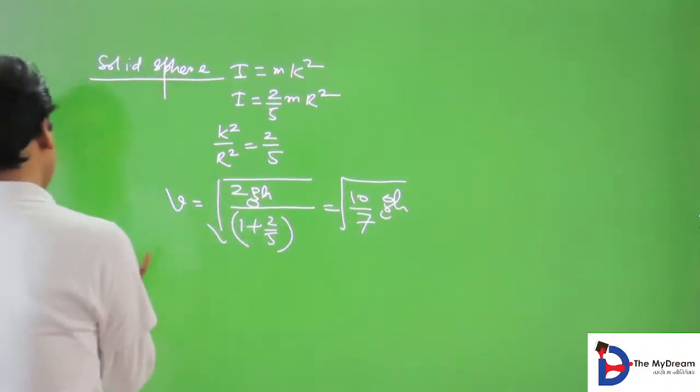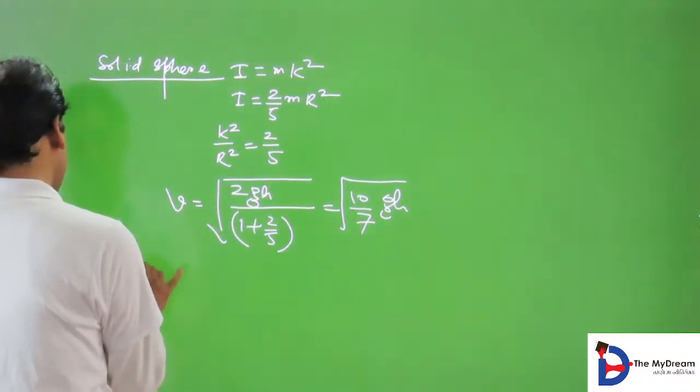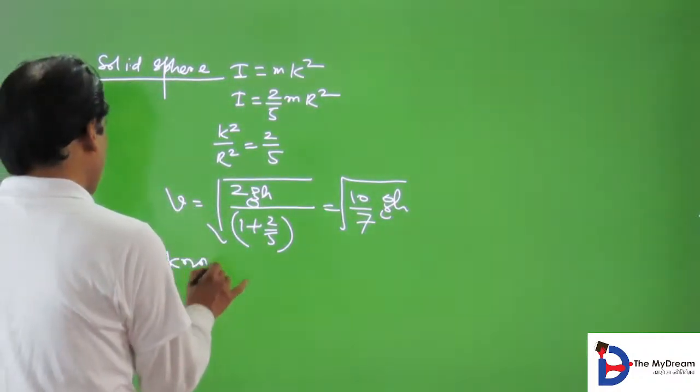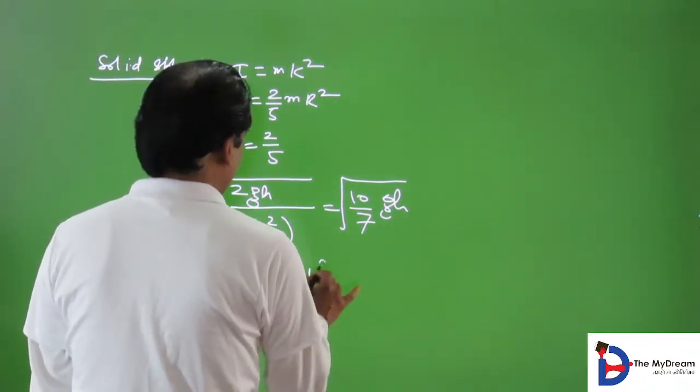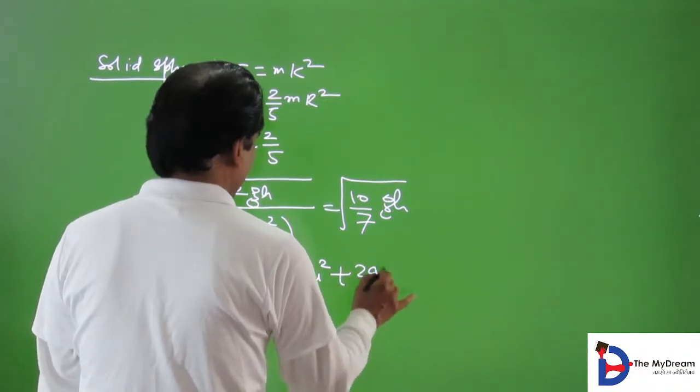As you know, V square is equal to u square plus 2as.